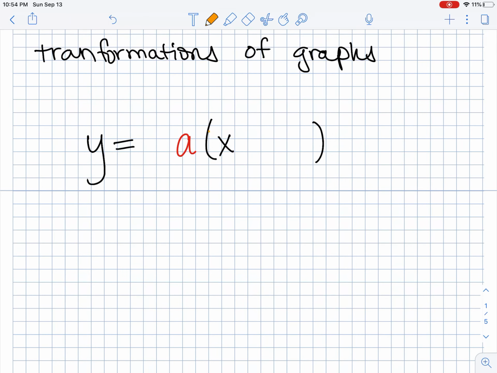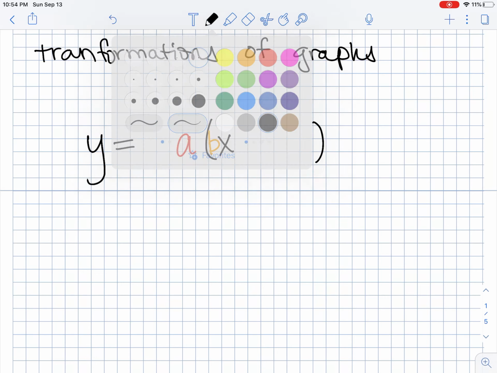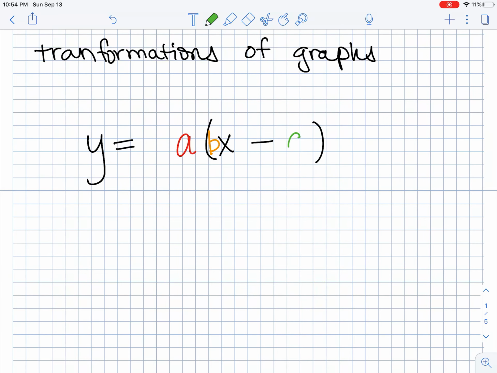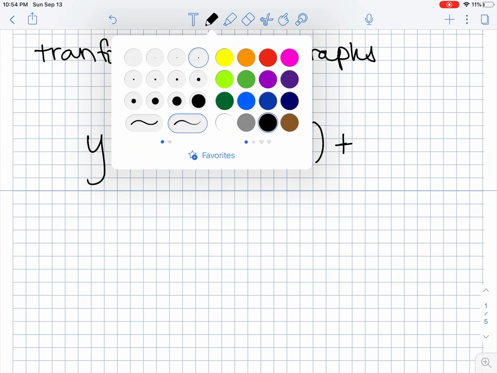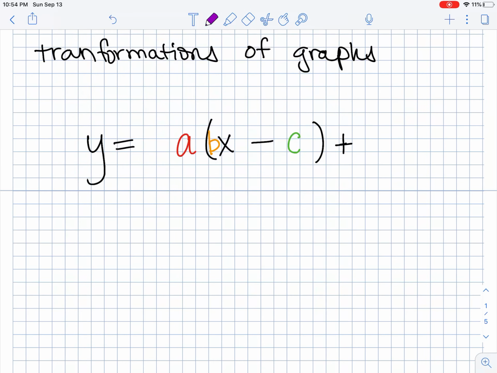We can put a coefficient in front of the x. We can put a term behind the x by subtraction. And we can put another term back here. Okay, so let's talk about what each of these do and where they're located.